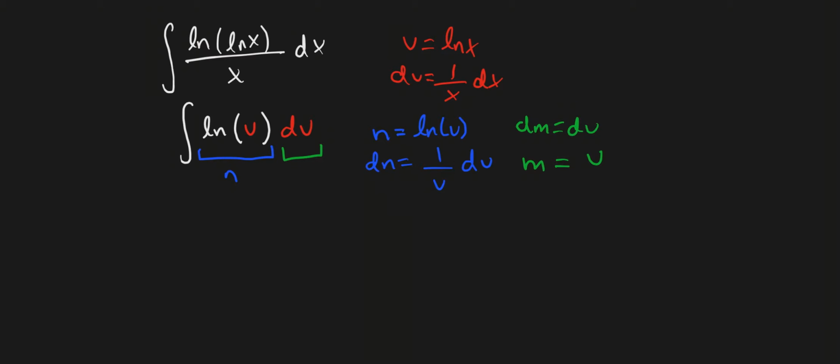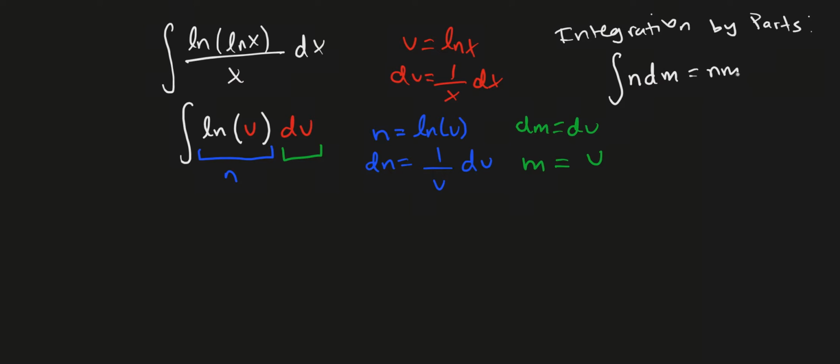Okay, now we can write out the integration by parts formula. Typically it's used when you have two parts being multiplied together and you need to integrate. The integral of n dm is equal to nm minus the integral of m dn. Why do we use this? We're essentially trying to simplify the integral so we can solve it.